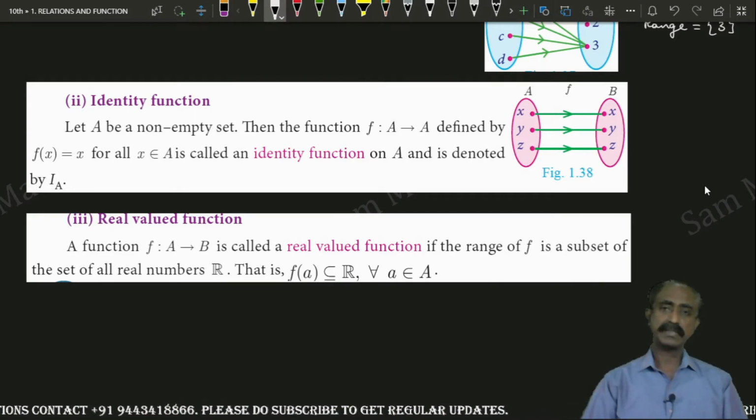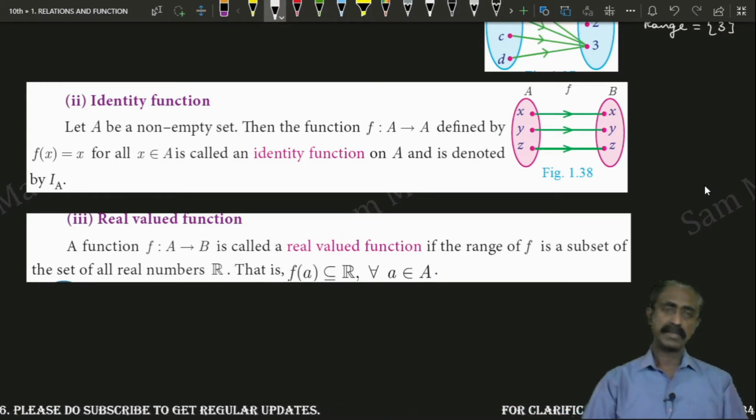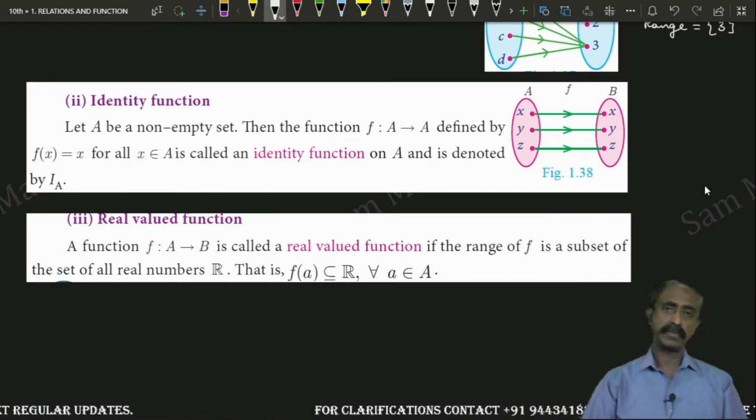X goes to X, Y goes to Y, Z goes to Z. That is only given f of x is equal to x. Always it will be defined from A set to A set, same set. A and B are same sets.